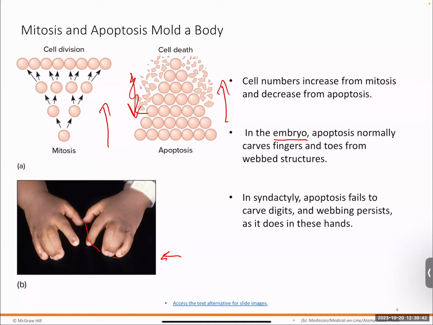And as time passes by, your cells undergo apoptosis, allowing these fingers to be individual structures. So you can think about it as eating the cells that hold the fingers together. So a medical condition called syndactyly is when this apoptosis process in the embryonic development has failed, and webbing may persist among some fingers or all of the fingers in the hands.